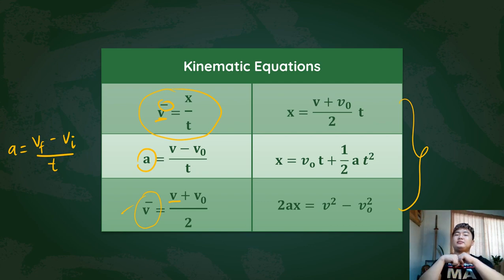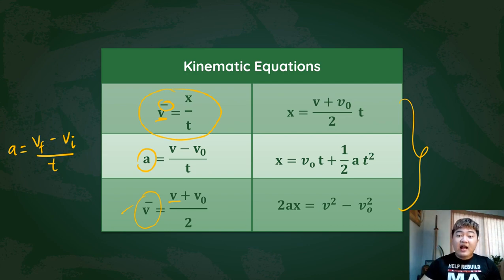So you need to list all of the known and unknown variables. Then choose an equation where all of the known variables are there and only one unknown variable. You cannot have 2 unknown variables in one equation because you cannot solve for that. You will need another equation to solve for it.